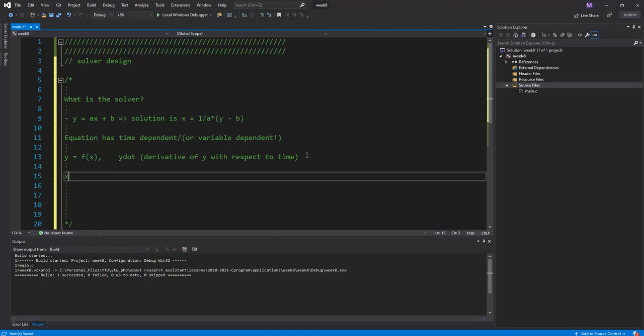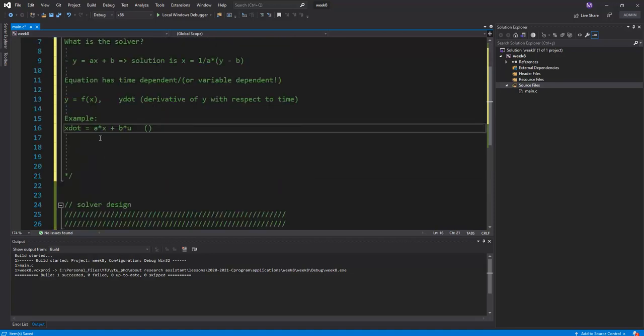In some equations we should use this notation, y dot or x dot is equal to what? For example, x dot equals A times x plus B times u. Especially in mechatronic engineering, we use this equation as a linear system state space design, okay? Because we need to solve it, but x is dependent on time, and u is also dependent on time.